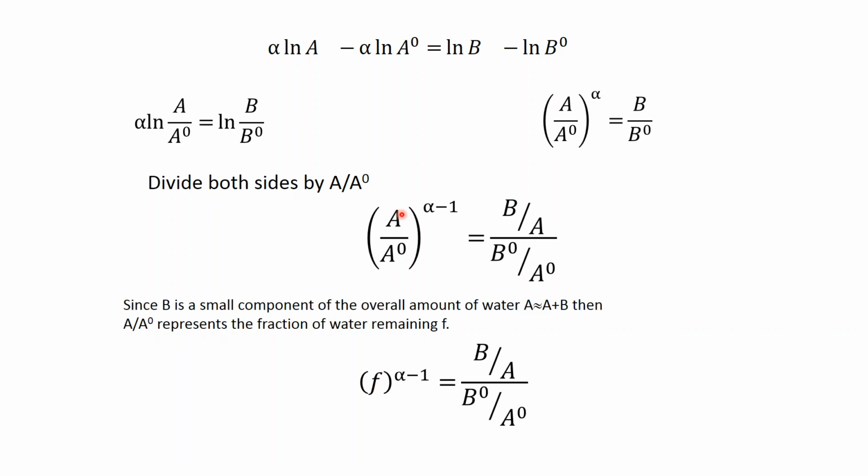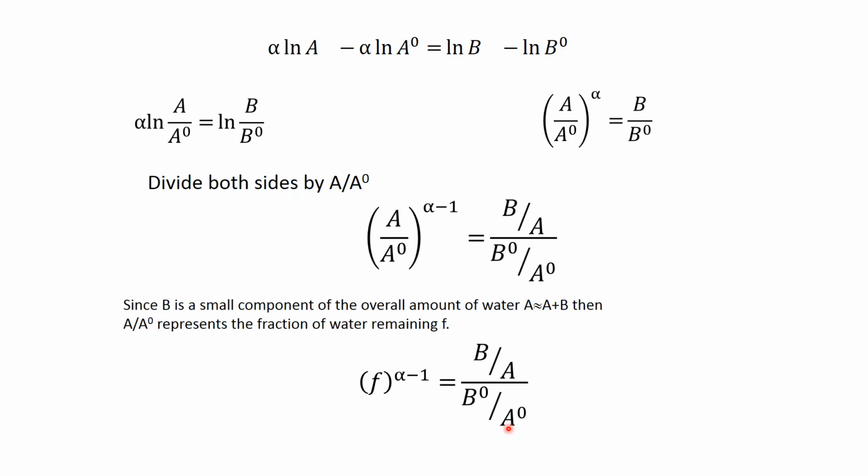So F now is effectively A over A naught, or the amount of water remaining in the vapor phase divided by the amount of water in the vapor phase that was originally there. So this is starting to look like something useful. We've got something that expresses the fractionation factor between two phases and the amount of condensation that's happened, and the isotope ratio that we have produced at any one point relative to the isotope ratio that we started with.